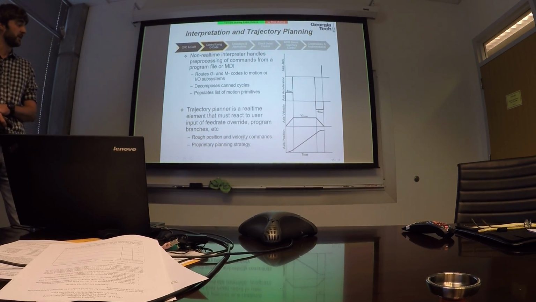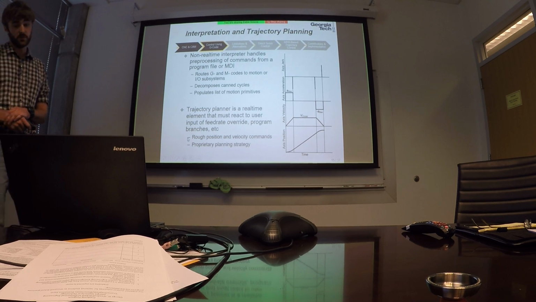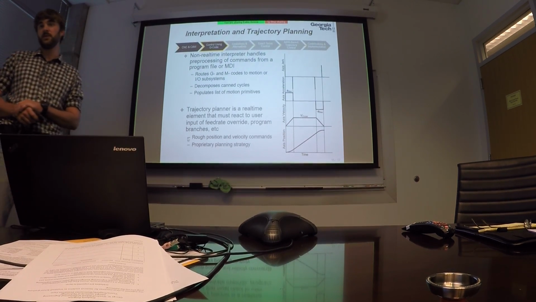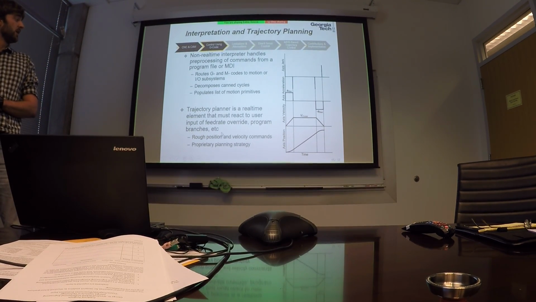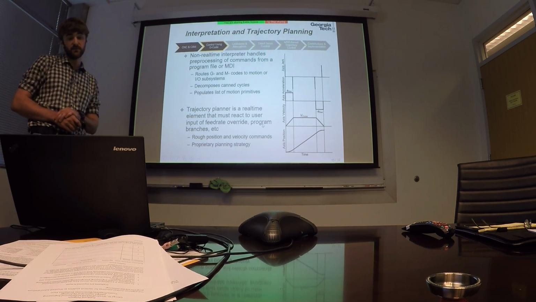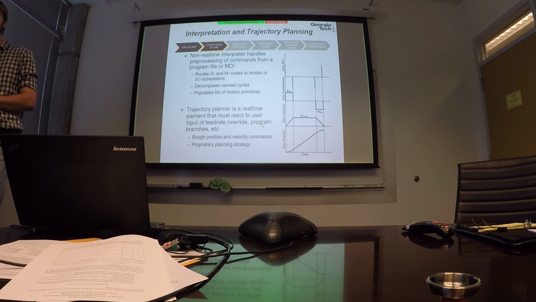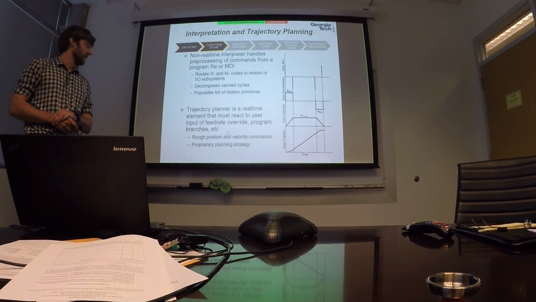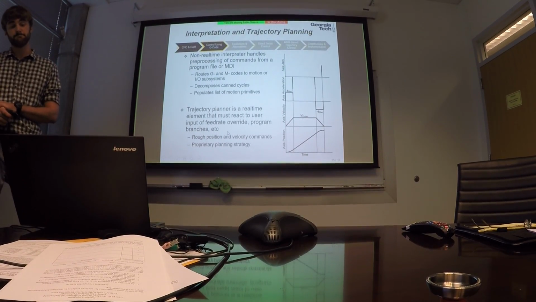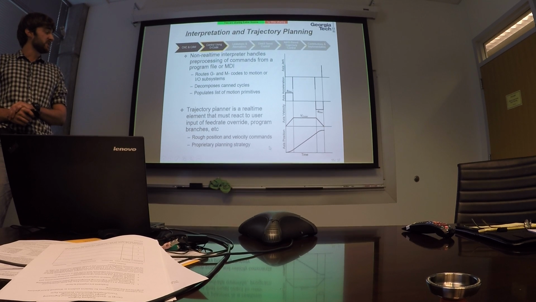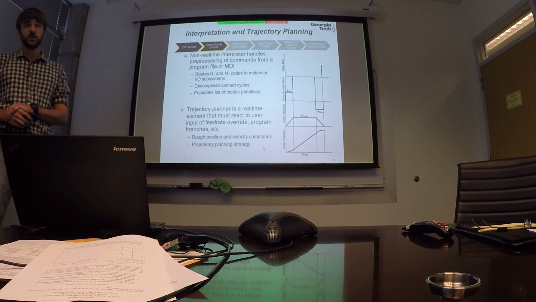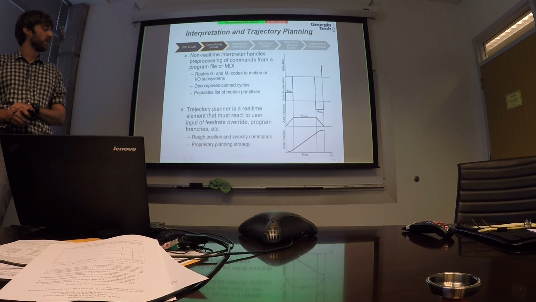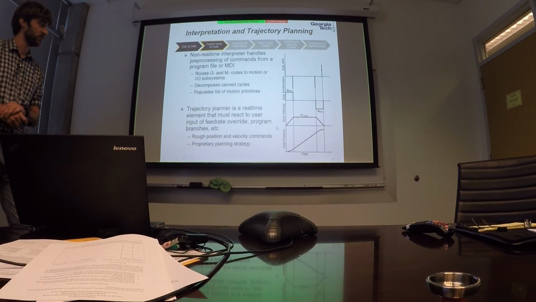The trajectory planner runs in the real-time subsystem, and this reads primitives off the motion primitive list, and then creates rough position and velocity commands at the T sub TP thread rate to be sent along. Usually, this will be some kind of proprietary trajectory planning strategy, but for an example here, I've shown what a particularly common implementation is, which is called a trapezoidal velocity profile.